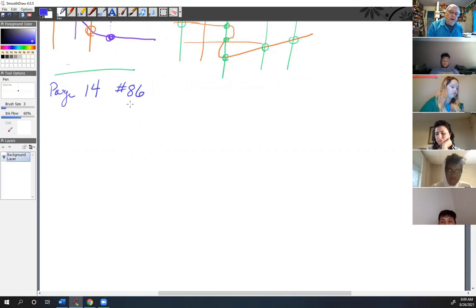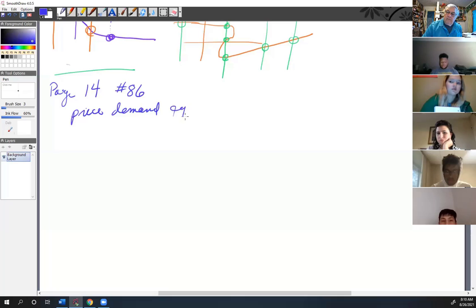Now, to quantify that, people use equations in business courses called price demand equations. And very often those are just given, but where does that come from?